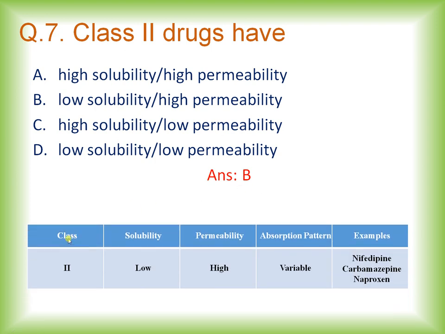So here you can see class 2 drugs are the drugs which have low solubility and high permeability, and the absorption pattern for such drugs in the GIT is variable. And examples of drugs which belong to class 2 include nifedipine, carbamazepine and naproxen.